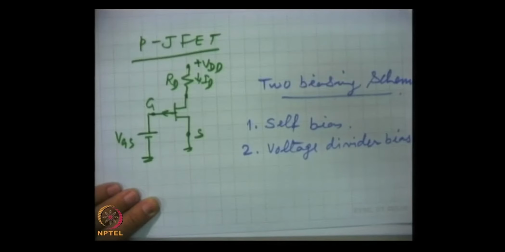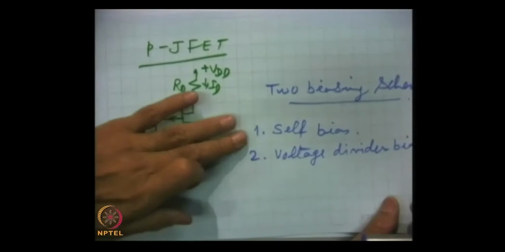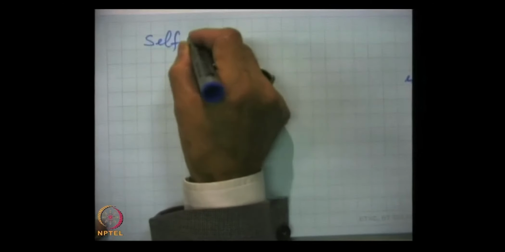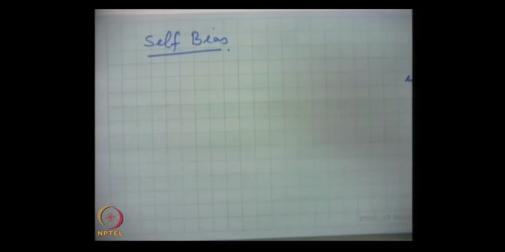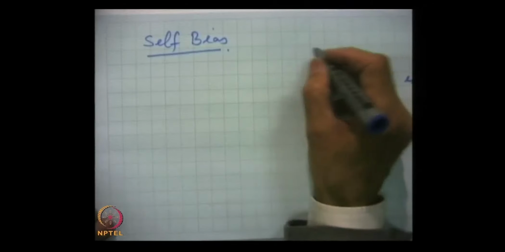Self bias and voltage divider bias, these are the two schemes which are most widely used. So, we take one by one these two practically used biasing networks. First we take self bias. Here the circuit is simple and this is this.